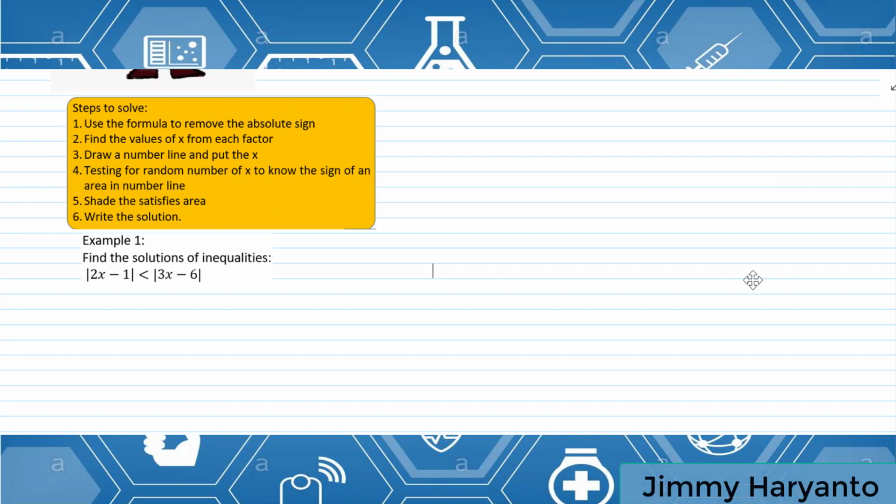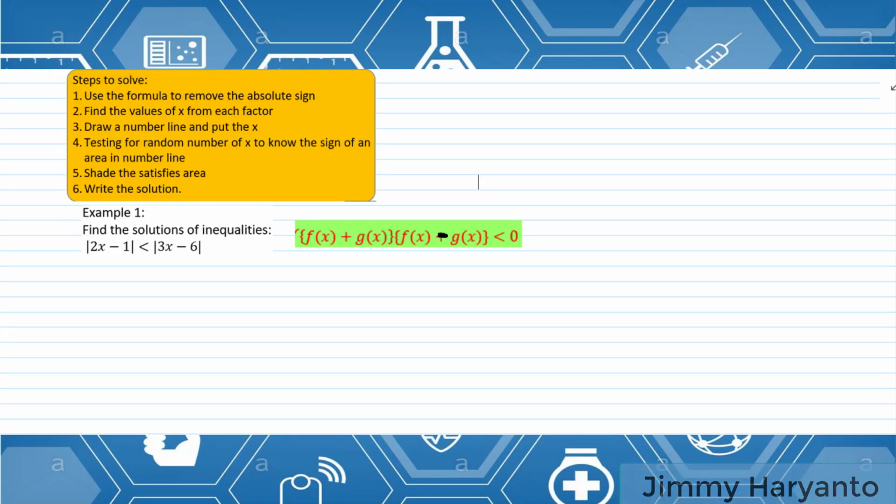Example 1, we have absolute 2x minus 1 less than absolute 3x minus 6. How to solve this? First, use the formula to remove the absolute sign. The formula is like this: f(x) plus g(x), times f(x) minus g(x), less than 0. Follow it.